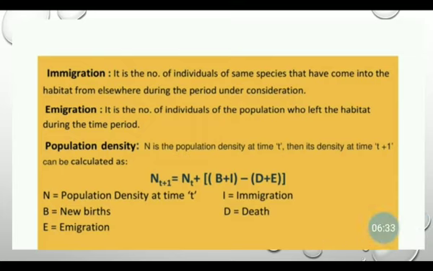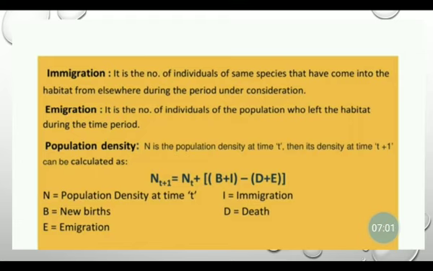There is a relationship between immigration, emigration, and population density. Immigration is the number of individuals of the same species that have come into the habitat from elsewhere during the period under consideration. Emigration is the number of individuals of the population who left the habitat during the time period.